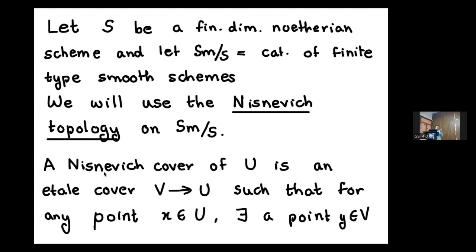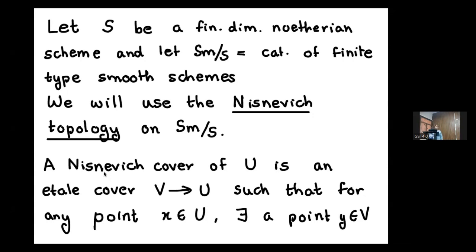If I take a rational point, let's take the point 2 on the x-axis, what sits above that is the point (2, root 2). So it's not a rational point. If you go upstairs, you don't get a point with coordinates in the same field as before. You have to go to some algebraic extension.